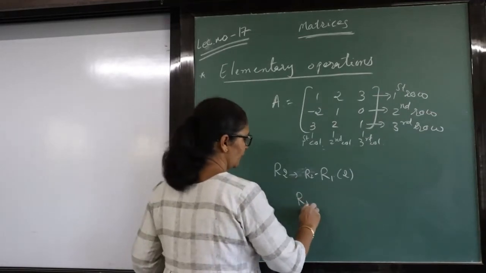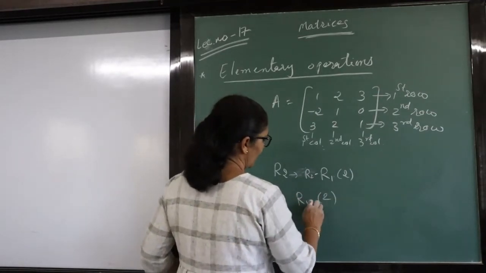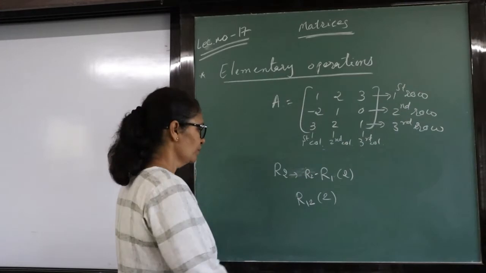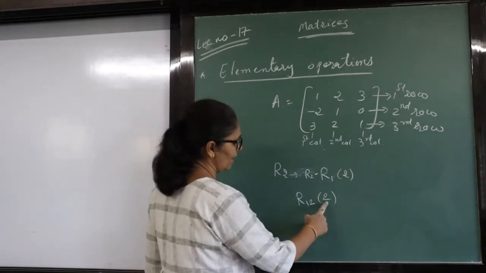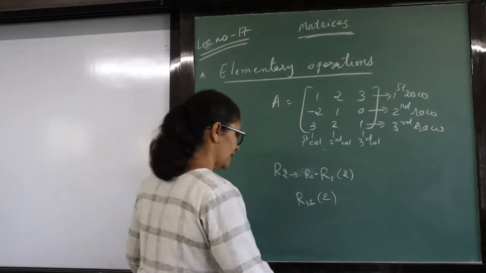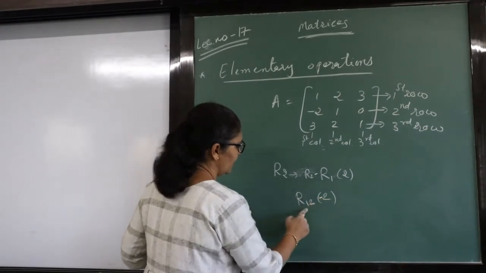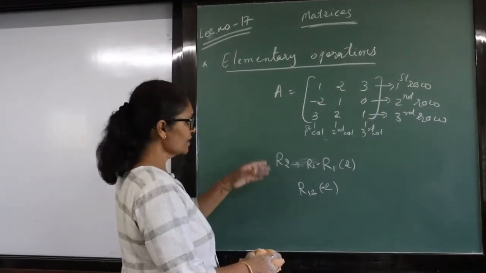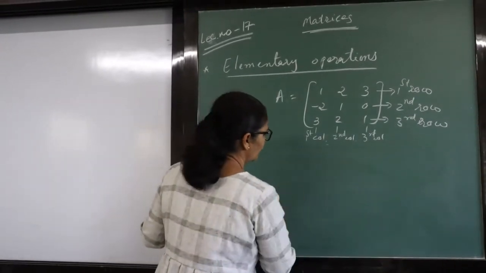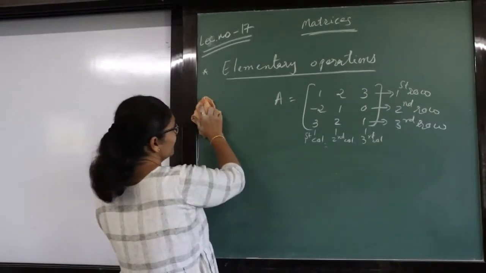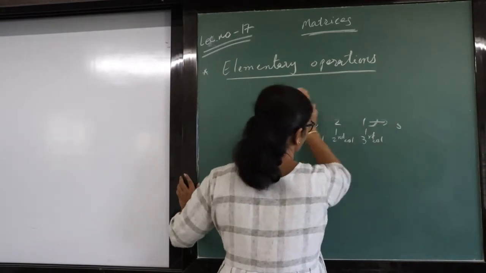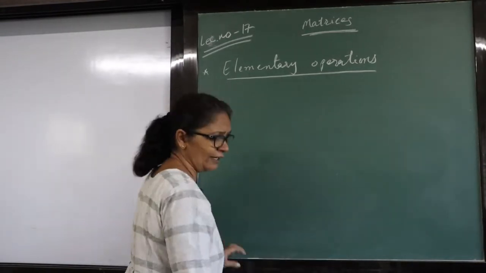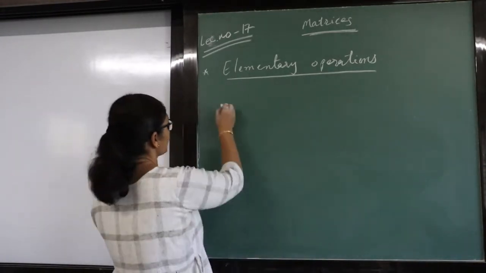Another symbol we can write is R1 multiplied by 2 added to R2. The meaning is R1 is multiplied by 2 and added to the second. In the same way, if we want to subtract, then R1 multiplied by minus 2 added to the second. You can follow the same thing with columns also, and we will use this in our next topic.